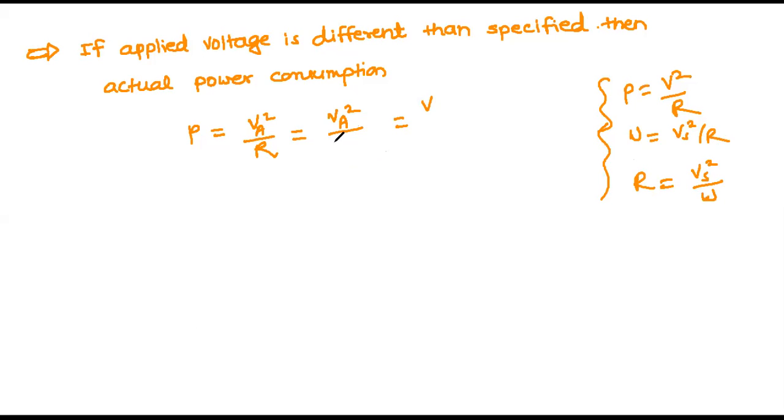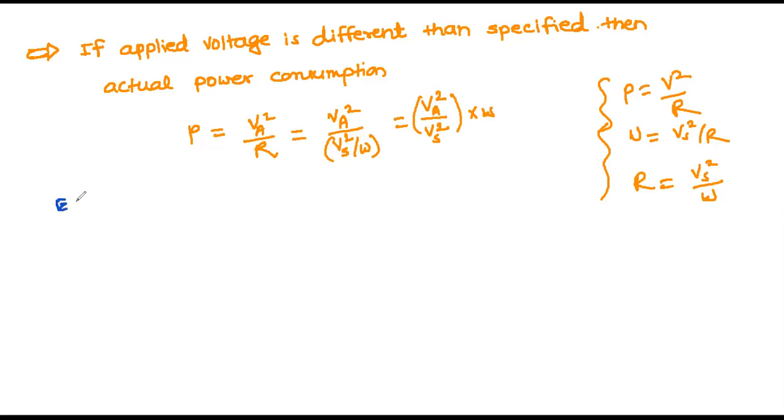Now this Vs square I am keeping in the numerator: VA square into W divided by Vs square. Let's see one example.